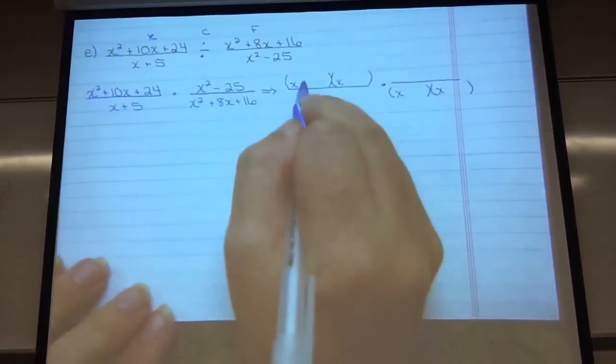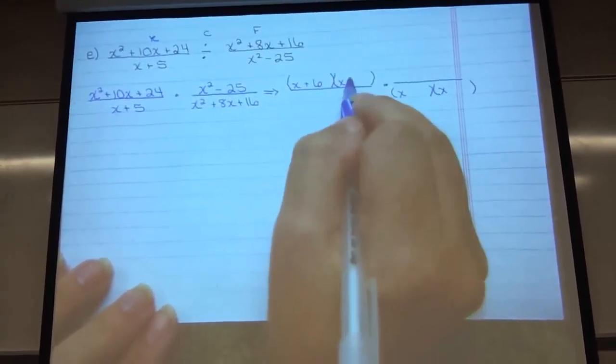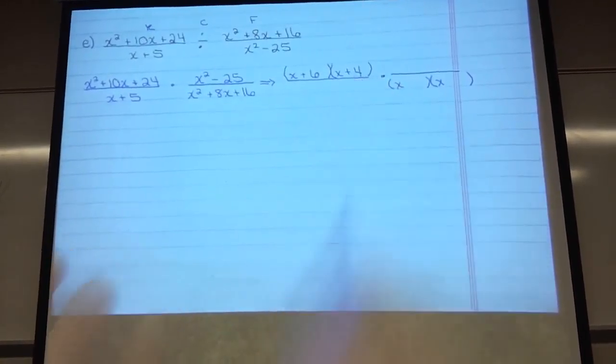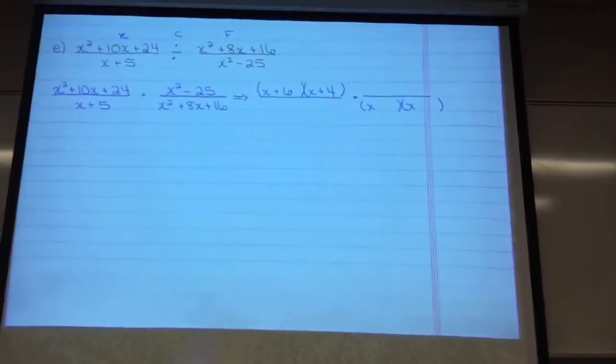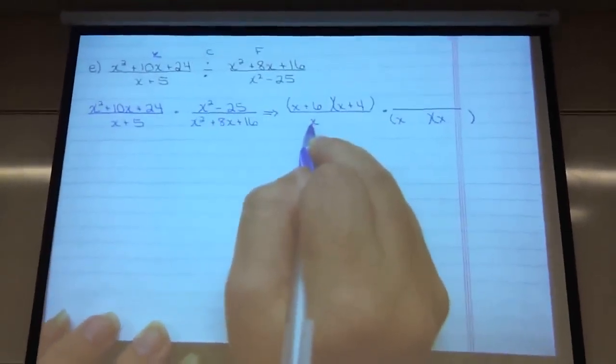And everything's positive, so all yours is positive. How'd you do the bottom part of that? x plus 5. Just rewrite it. You don't have a common GCF.